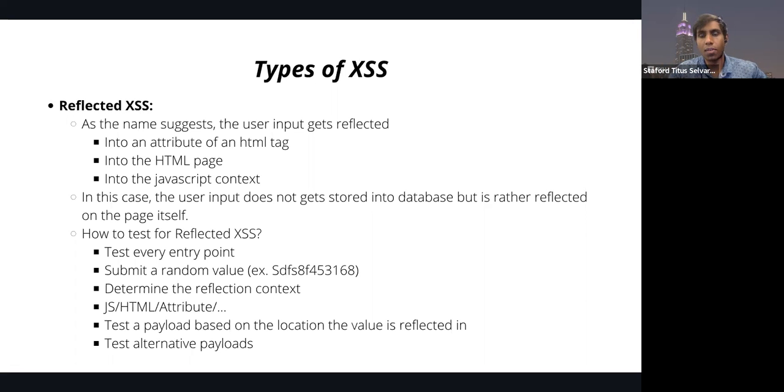Let's say we have an image tag, and for that image tag, we have an attribute, for example onload. So when the image loads, we are going to give some function for it to perform.